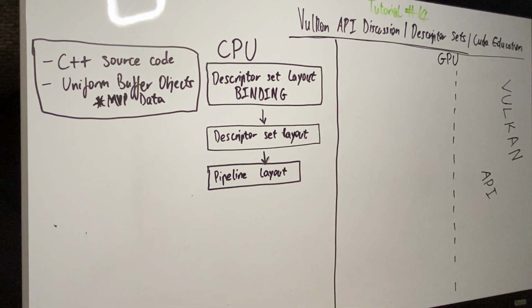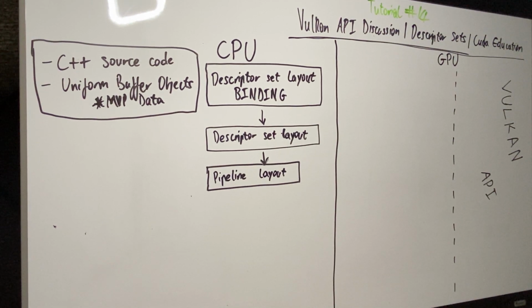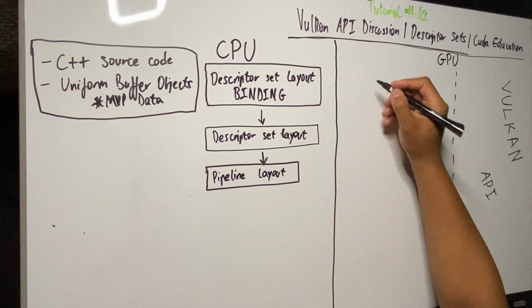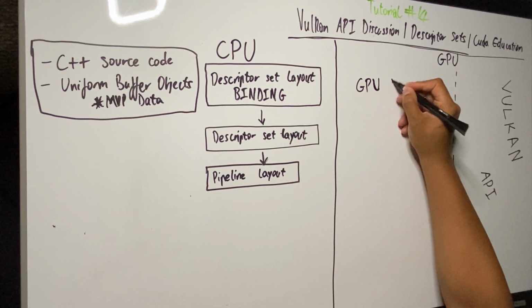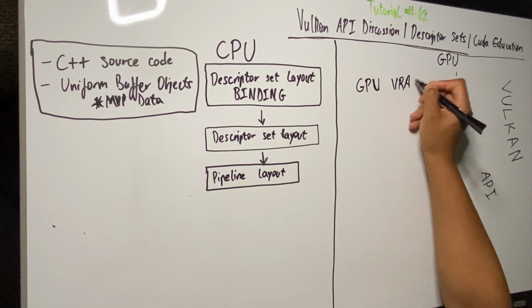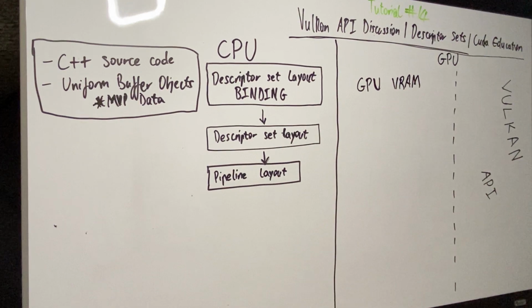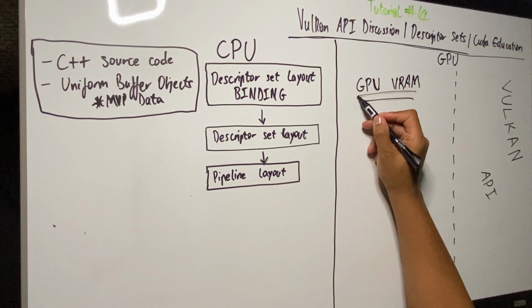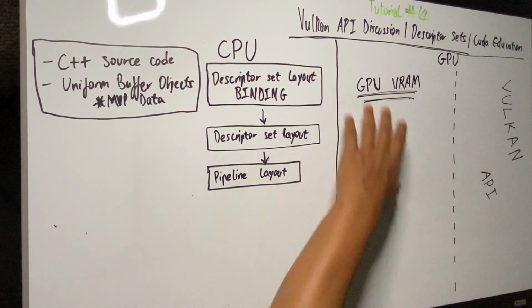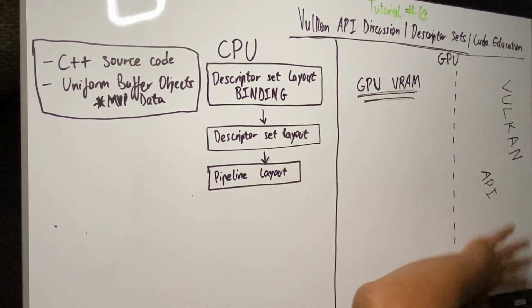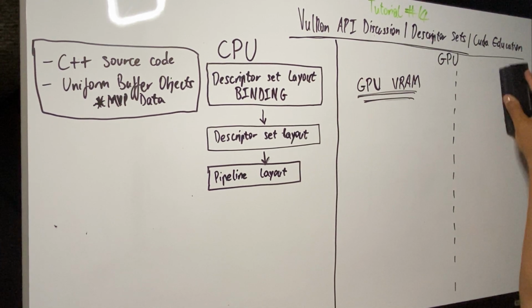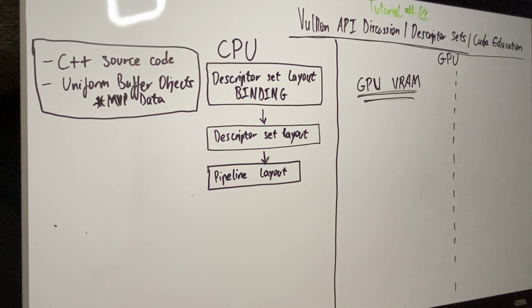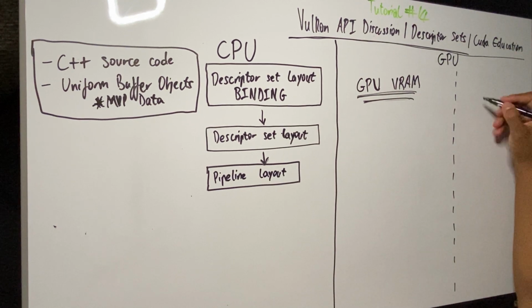And on this side of the equation, it's simply what I like to call GPU VRAM. So on this side we have GPU VRAM, and on this side we have the Vulkan API. I don't really like how this looks, so let me just do it over again.